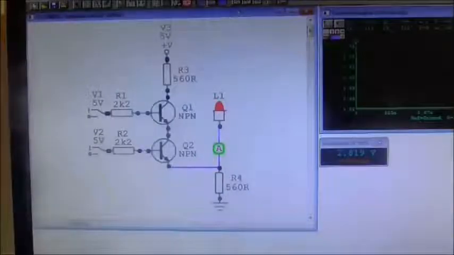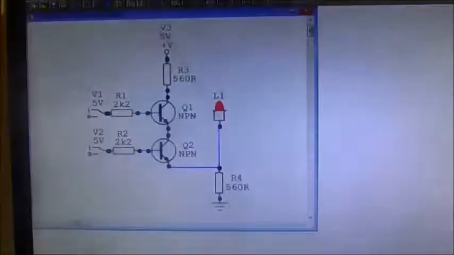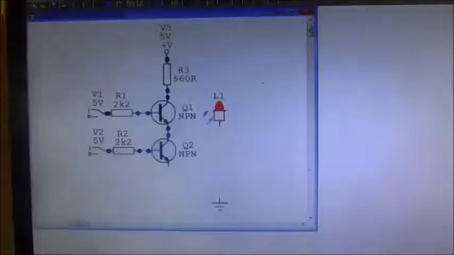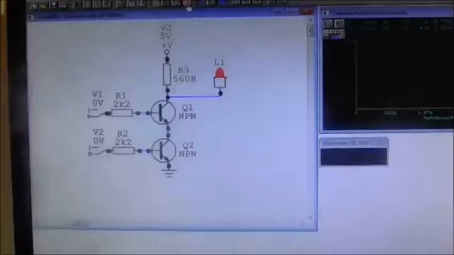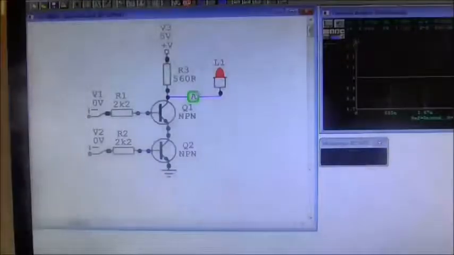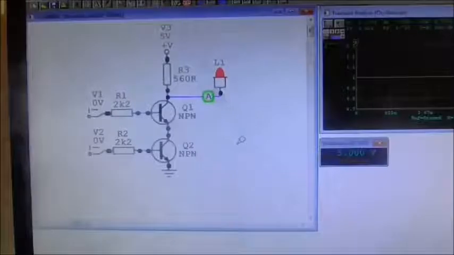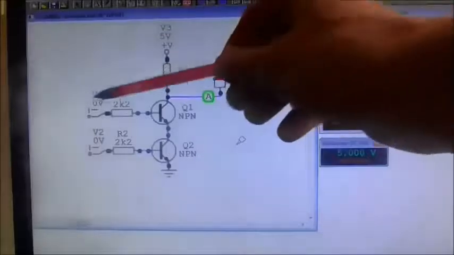Well, this is of course an AND gate, and if we move things around, we get rid of that line and that resistor and that line, and we move the output up to here, and the ground connection to the emitter of the second transistor, and we run it again, if we put the multimeter there, you'll see we get a full 5 volts there, and both of them are at logic level 0.